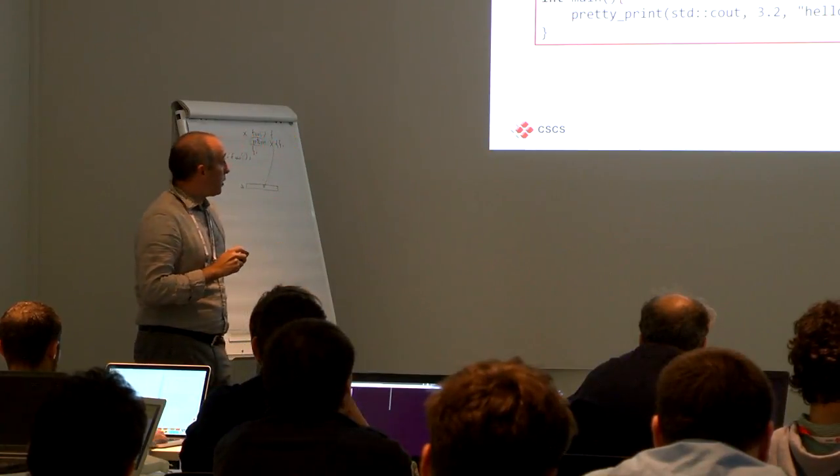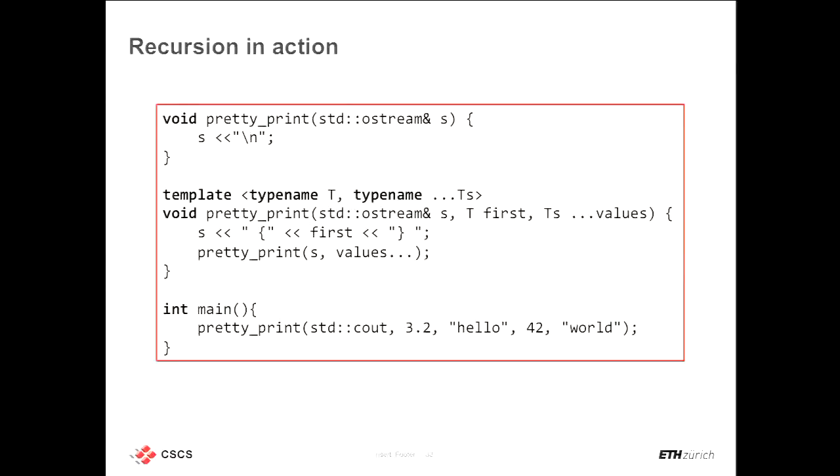I want to have a function prettyPrint that prints on a stream, and the stream is std::cout. And I want to print 3.2, hello, 42, and world. How does it work now? How could I implement this using variadic templates?